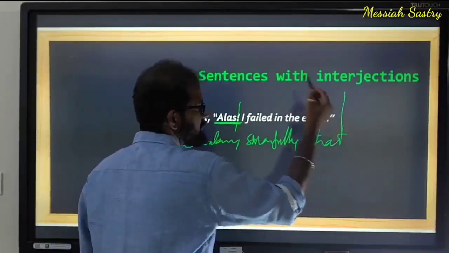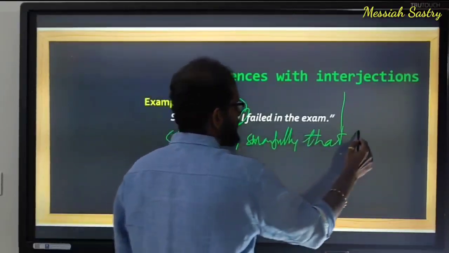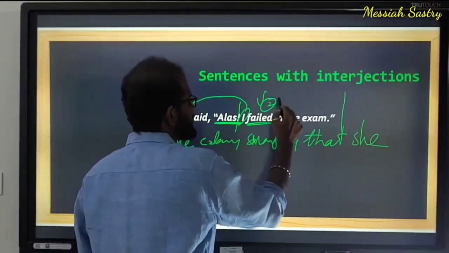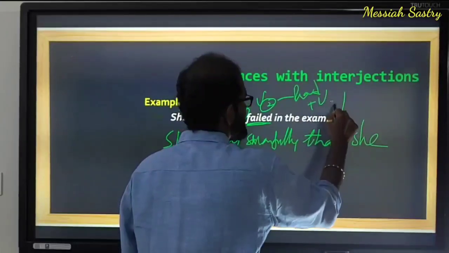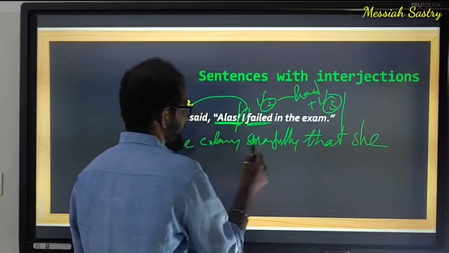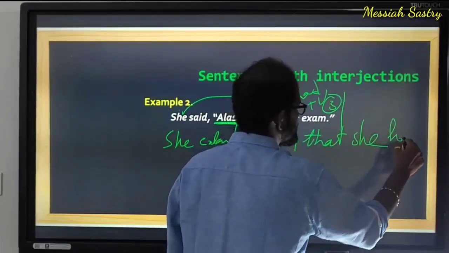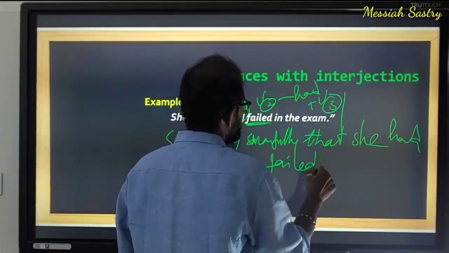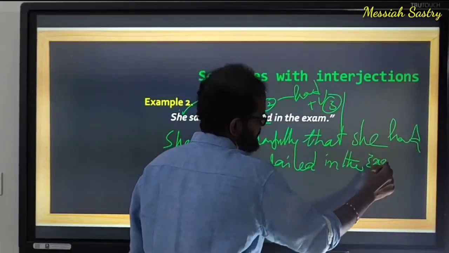Now, just like a declarative sentence, I refers to she. That she failed. Again, failed is V2. V2 changes to had plus V3. She exclaimed sorrowfully that she had failed in the exam.